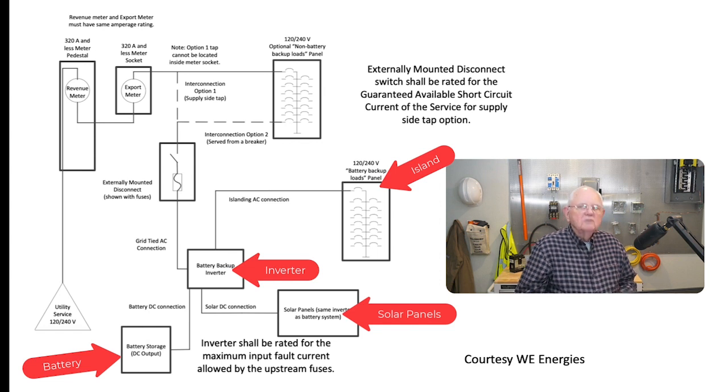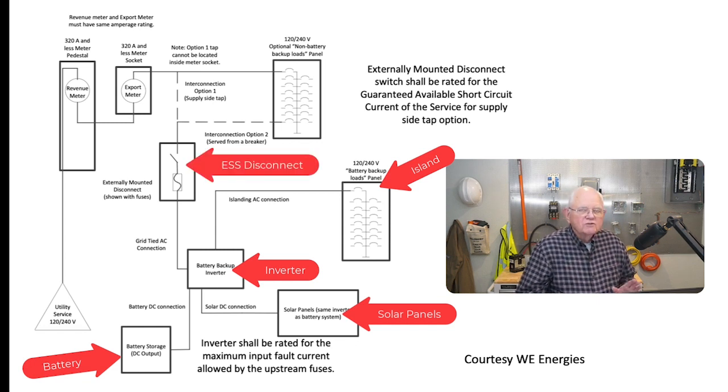So if I were to lose power in my system, the inverter, through the battery discharge, would convert the DC into AC and supply this panelboard on the right-hand side. I would not be connected to the utility if I were just in island mode. However, over on the left-hand side, out of the inverter, the power goes up through a fuse disconnect.